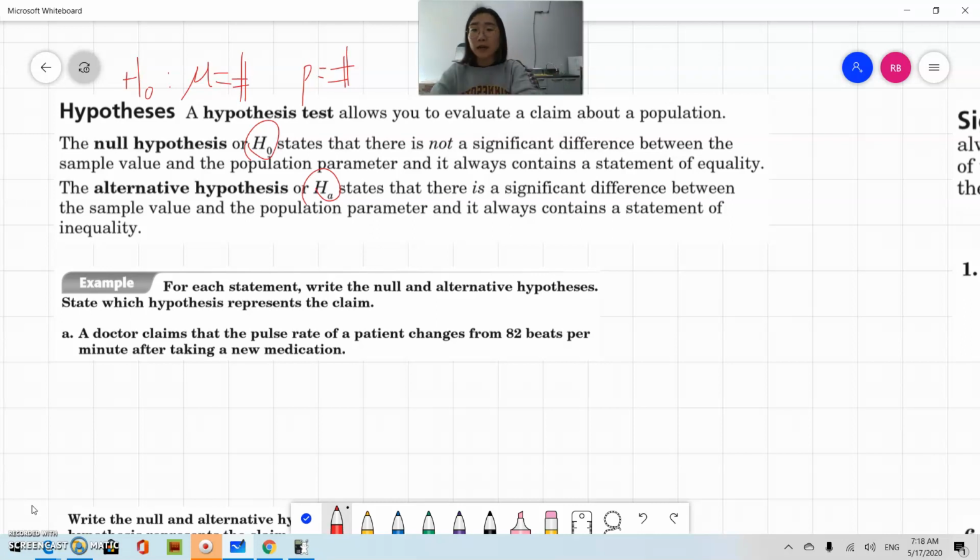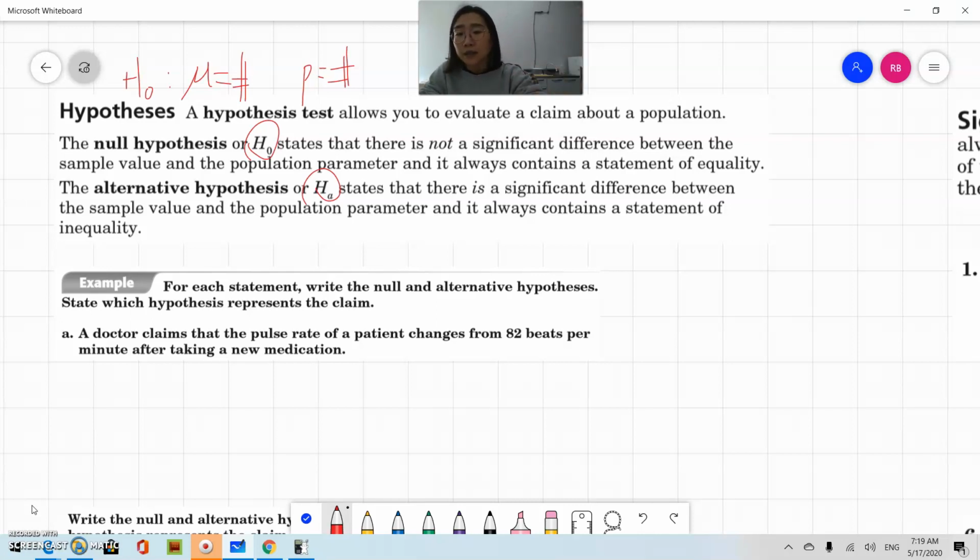So let's look at an example, because first you need to learn how to write each hypothesis before we can do the testing. If you think about it, we want to make an inference about the population, right? So the value you're going to use is always a parameter, which is the statistic value for the population.